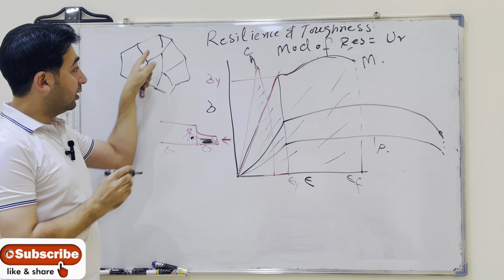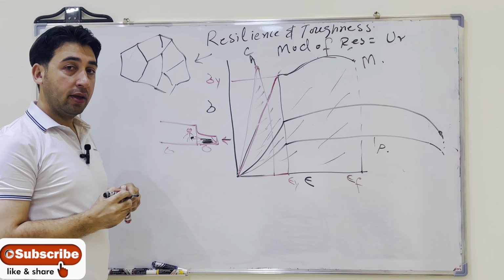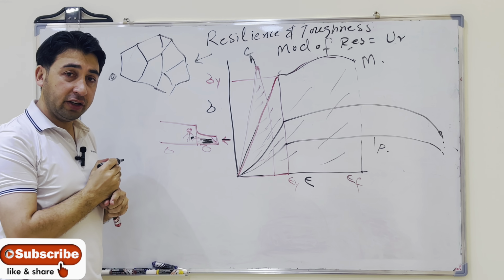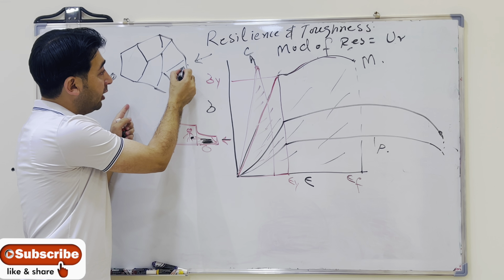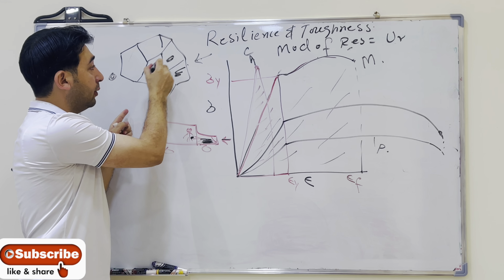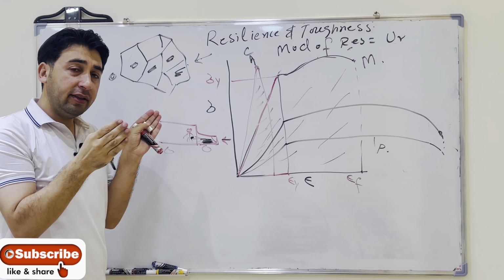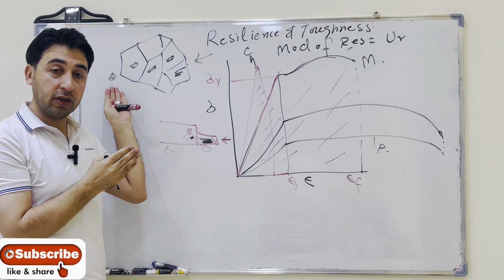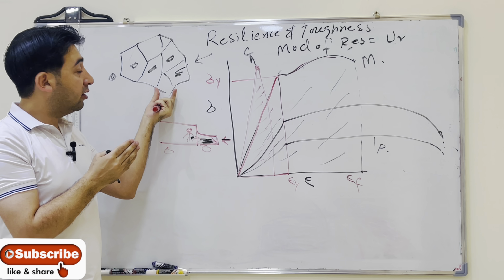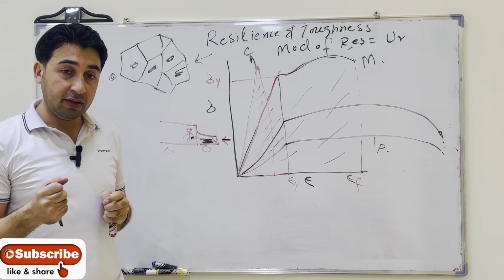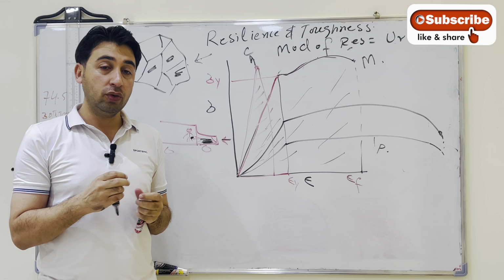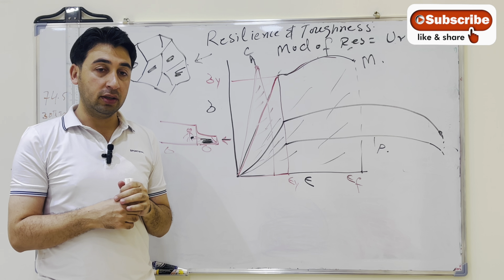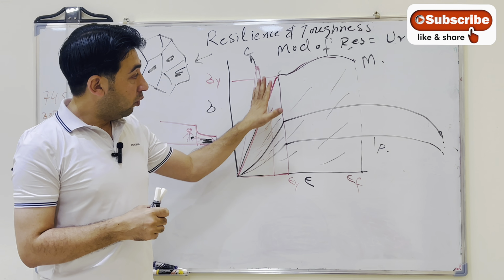If you hit this material from here, will the energy be transferred to this point immediately? No. The energy will be utilized to compress this cavity, this cavity, this cavity, and a lot of energy will be absorbed, and at the end only some energy will be transferred here. So with smart structure we can also increase the toughness of the material. It not only varies from material to material, in structure also it changes the toughness.